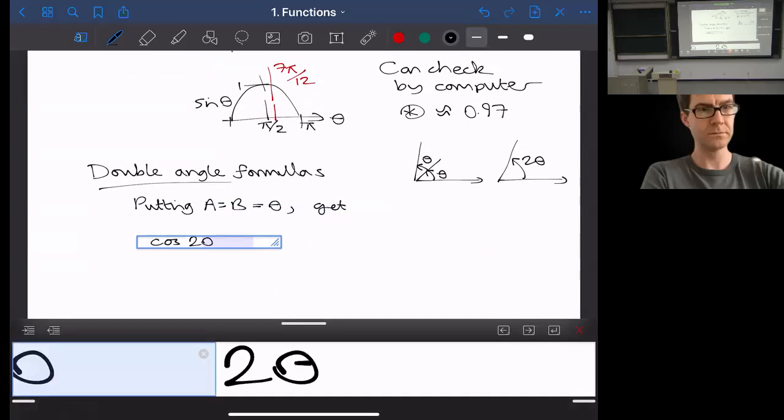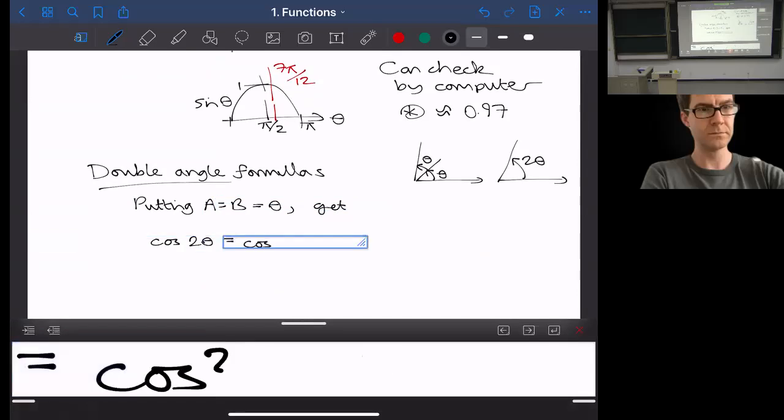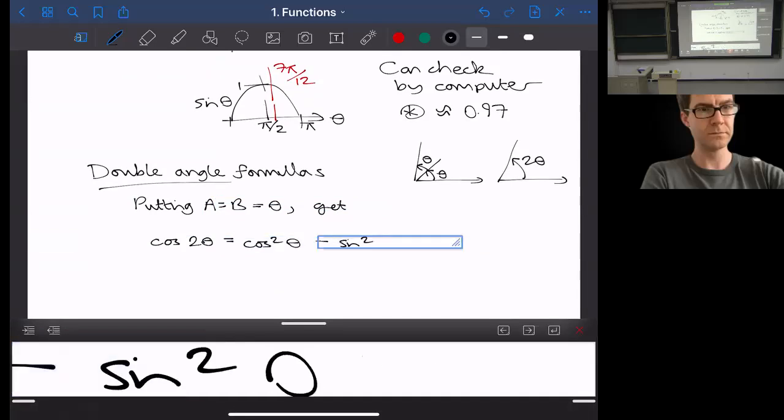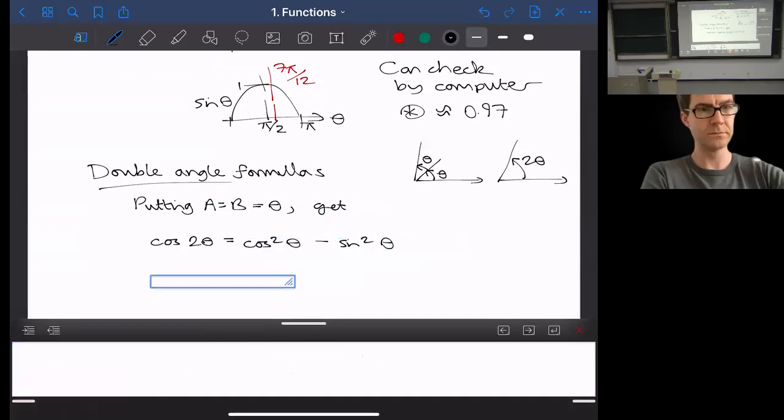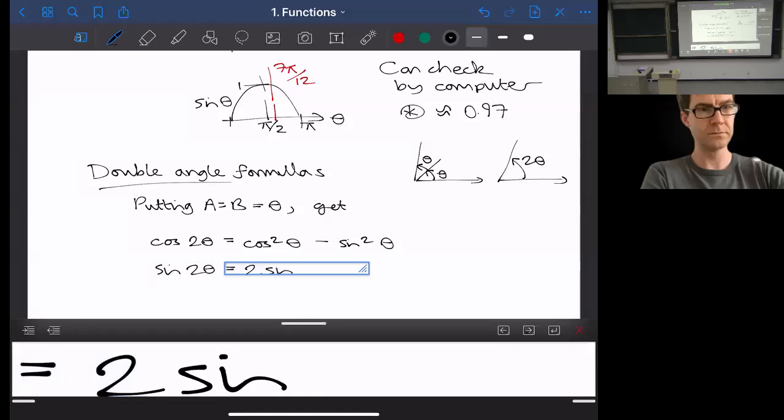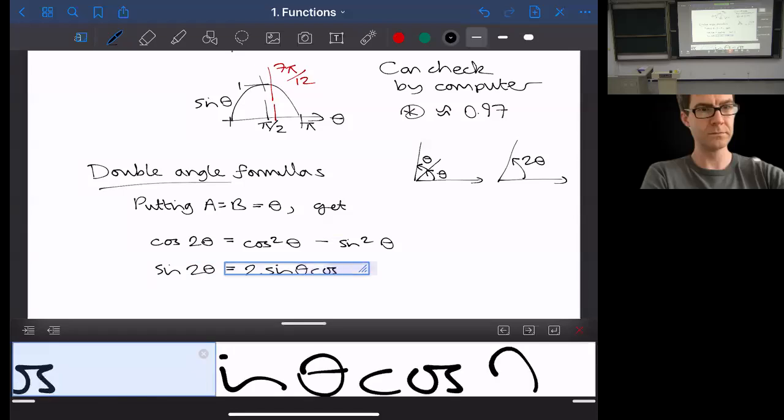that cos 2 theta is cos squared theta minus sine squared theta, and sine 2 theta is 2 sine theta cos theta.